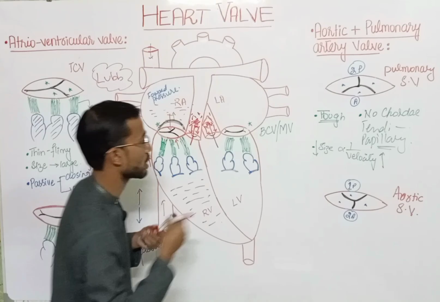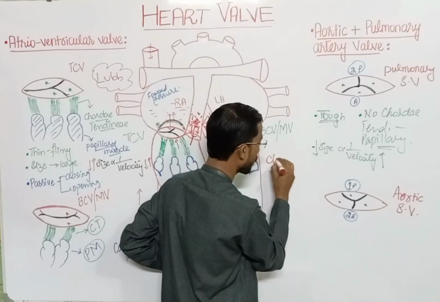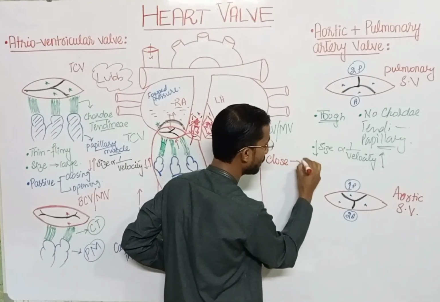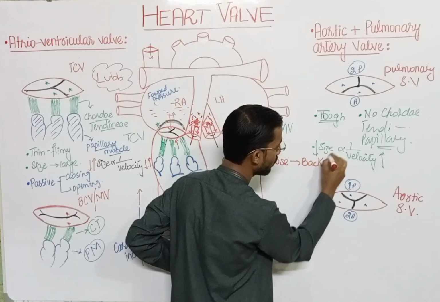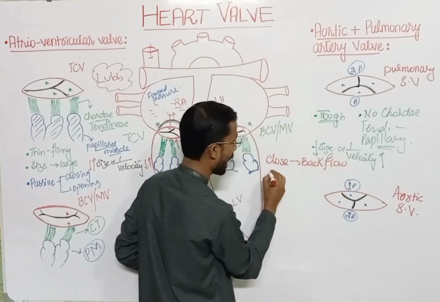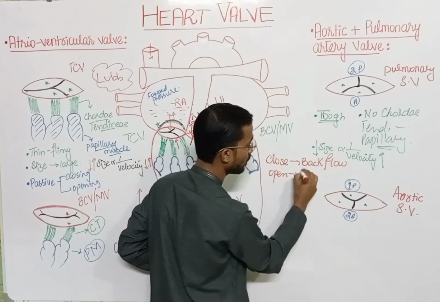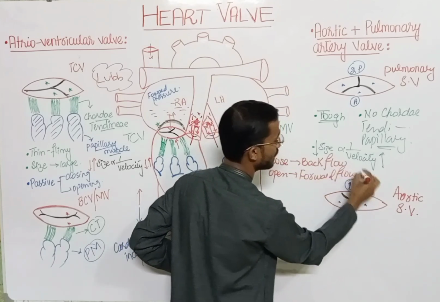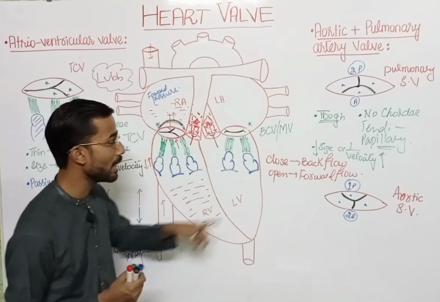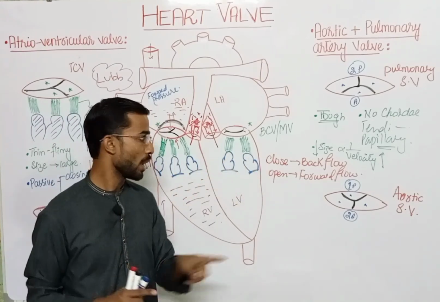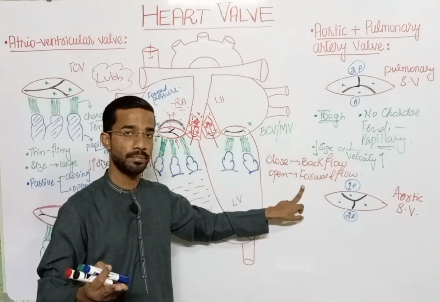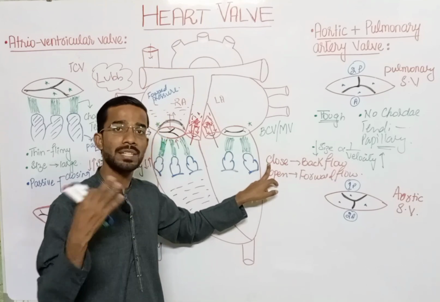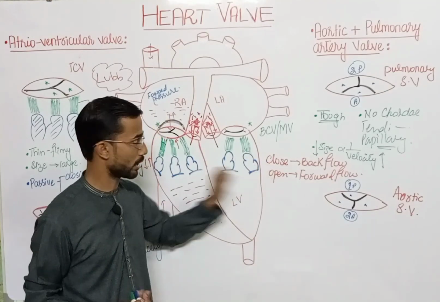So the backflow of blood closes the valve, and the forward flow opens the valve. This point is very much important. Remember that the valve opens with forward pressure and closes with backward pressure. This is the important point.